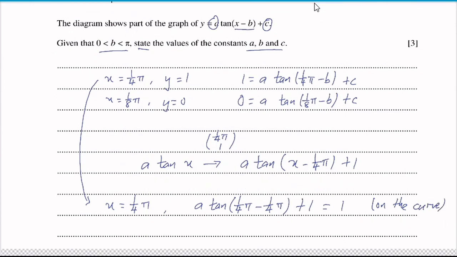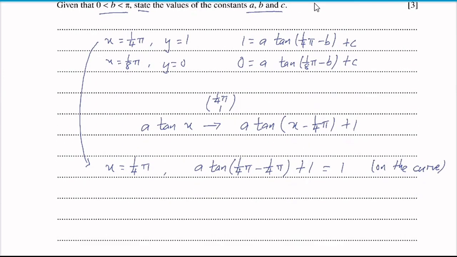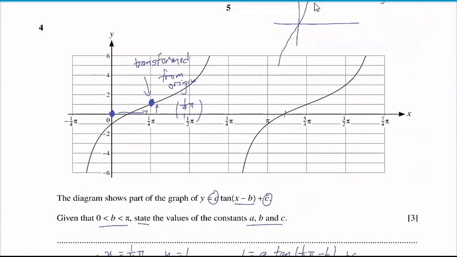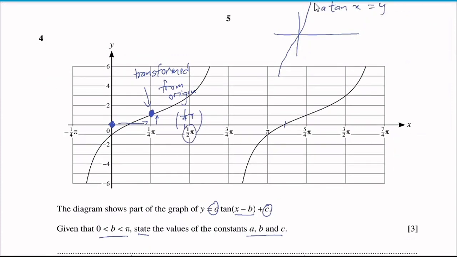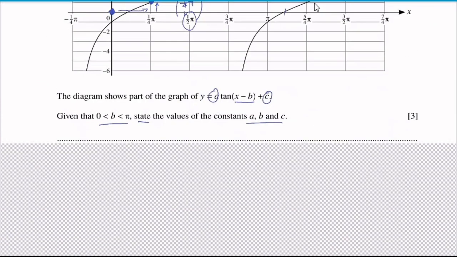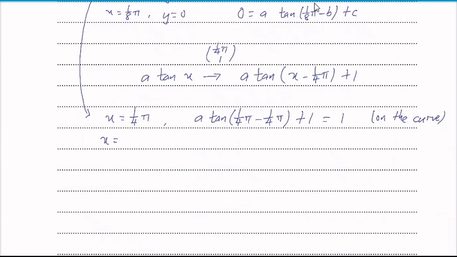If we think that maybe it is just a coincidence, we can sub in another value to check. Let's say we sub in half pi. We get a tangent of half pi minus 1 over 4 pi, plus 1.